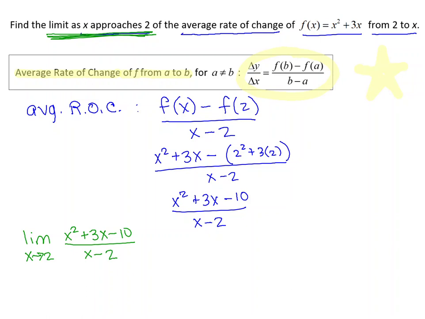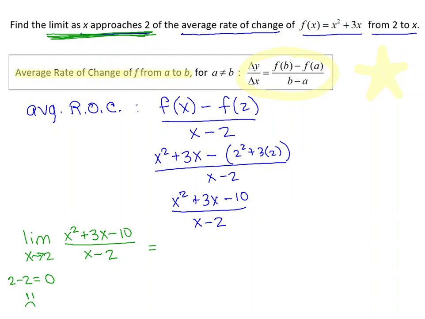Now, noticing that we have a rational function, we check that the denominator won't be 0. But plugging in 2 into x does make the denominator 0. 2 minus 2 equals 0. So we have to figure out a way to rewrite this function. Remember when we factored? Usually, factoring is a good way to rewrite the function.